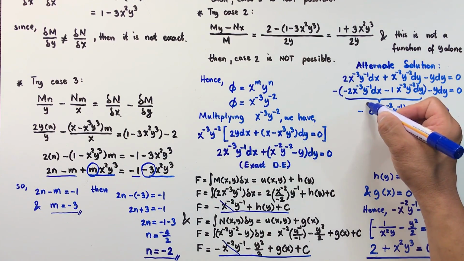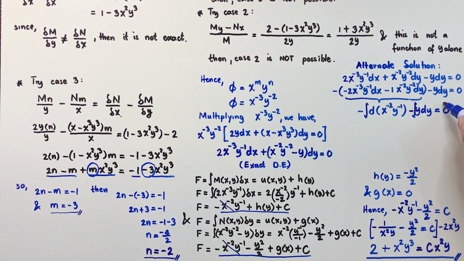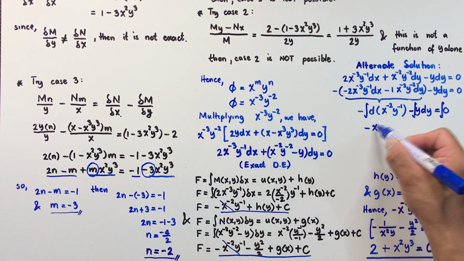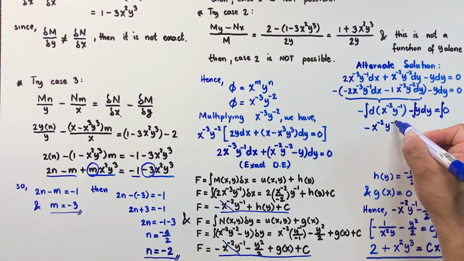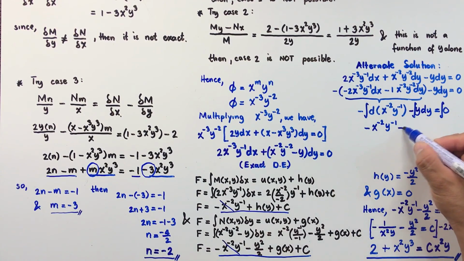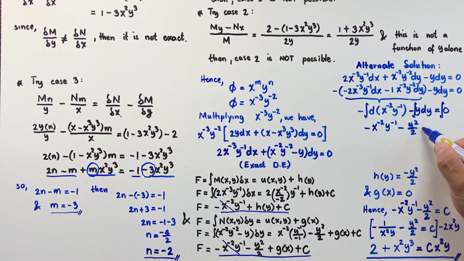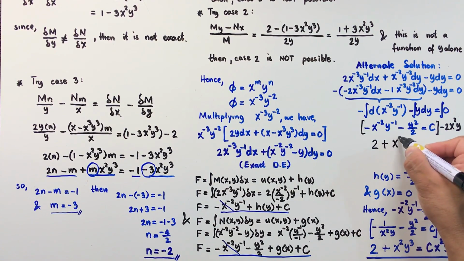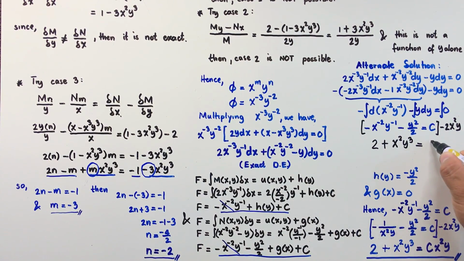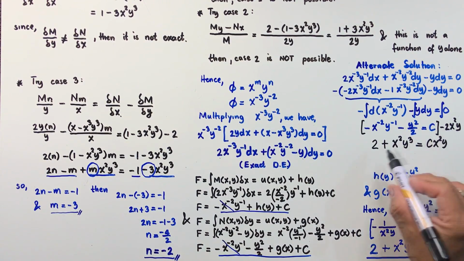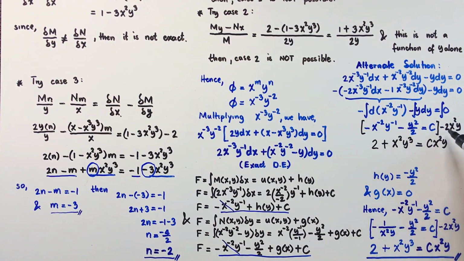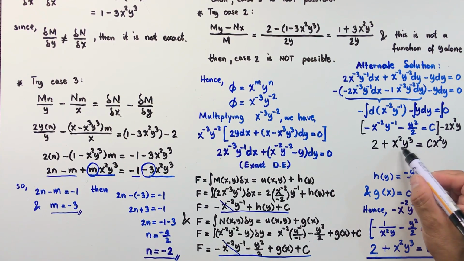And taking the integral of each term in this differential equation, we have this negative of x to the power negative 2 times y to the power negative 1 minus y squared over 2, which is equal to the constant of integration C. And multiplying this one by the negative 2x squared y, we have 2 plus x squared y cubed, and this is equal to Cx squared y, because the negative of the negative 2 is positive 2, and this minus 2 cancels with the minus 2 here, so we have 1 x squared y cubed.